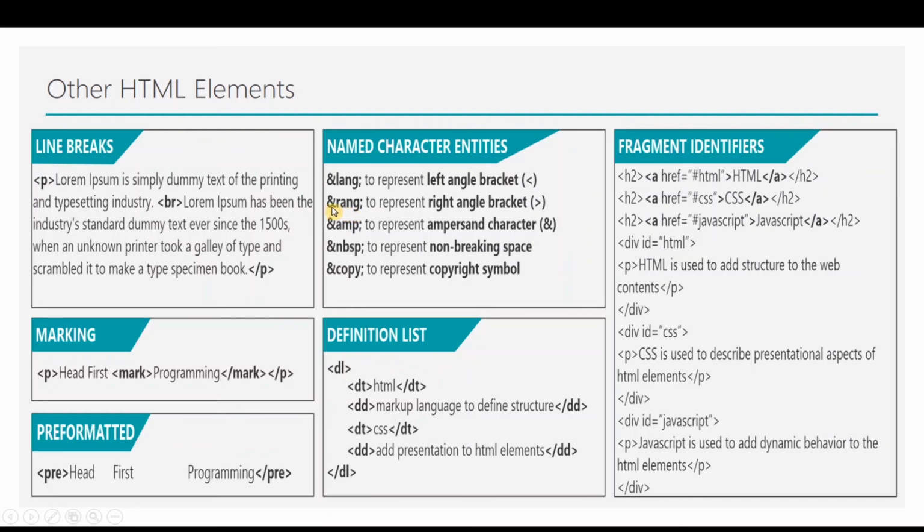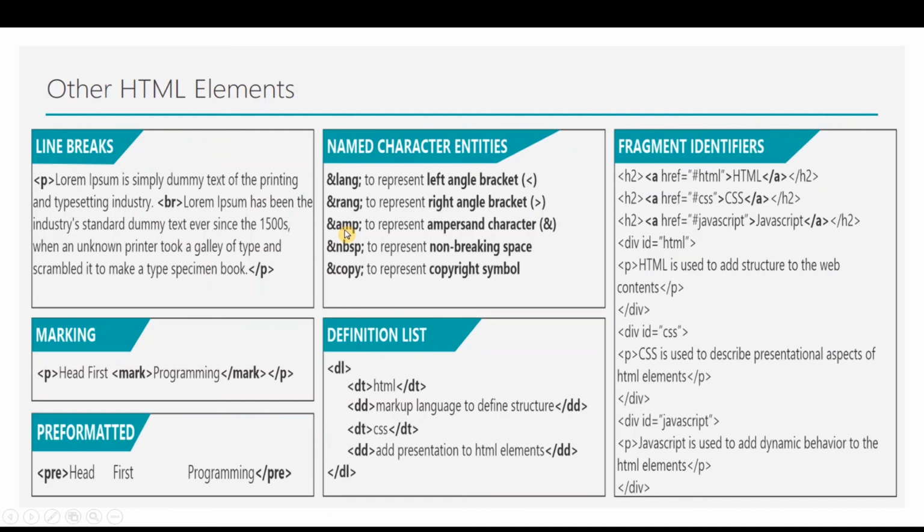Since we use the ampersand as part of representing the character entity, that makes that character special too. And in order to represent this character literally as part of the web content, the amp entity name does just that.